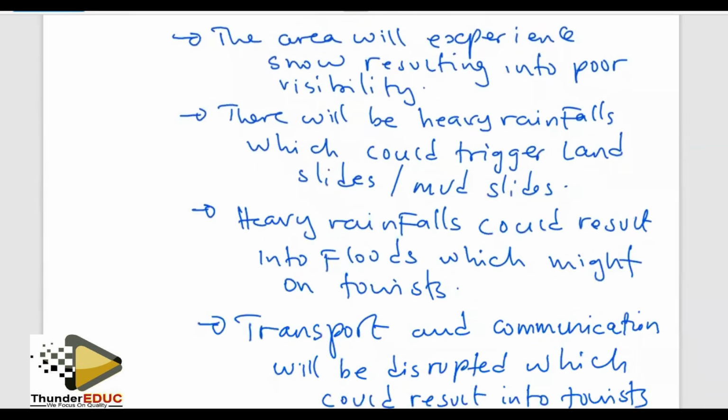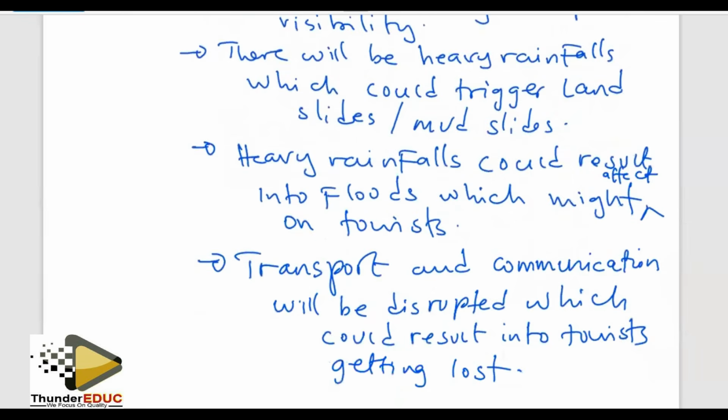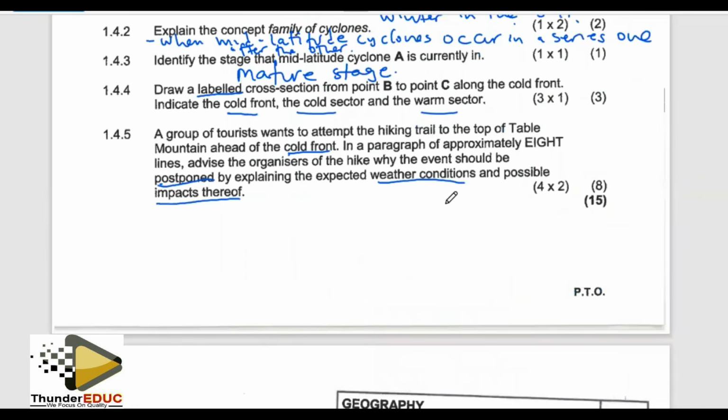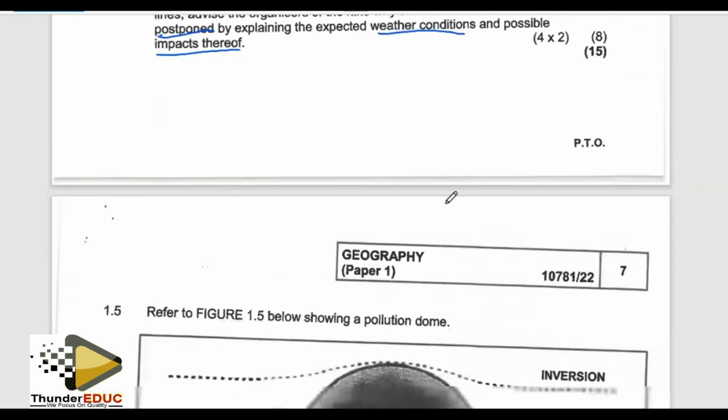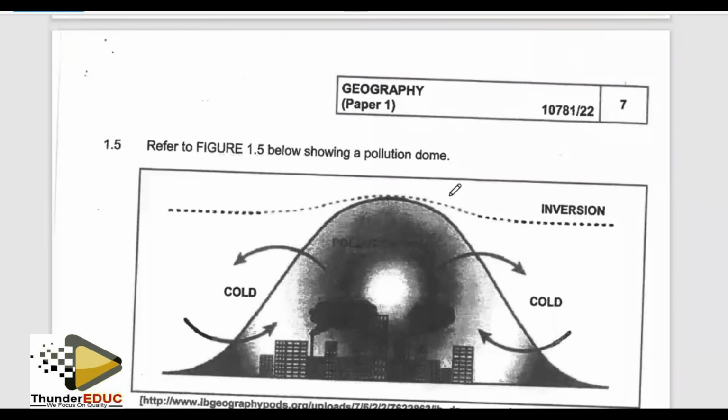Heavy rainfalls could result into floods, which might affect tourists. Transport and communication will be disrupted, which could result into tourists getting lost, among other factors. All right. So that is for that question. Let's proceed to question 1.5.